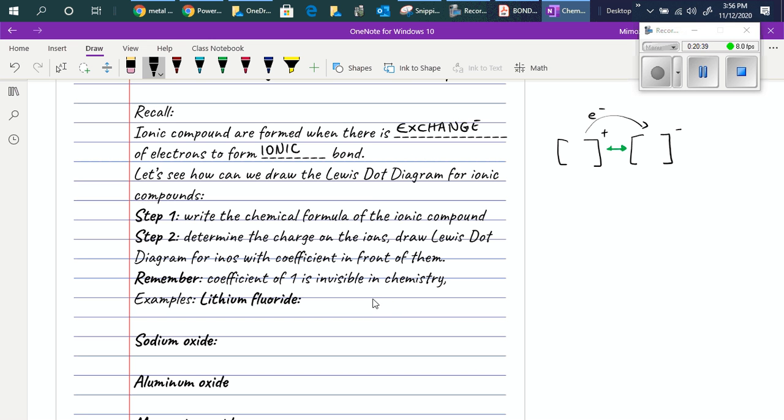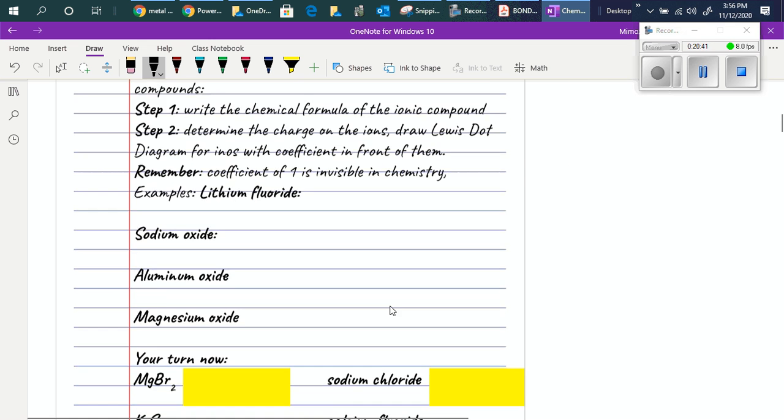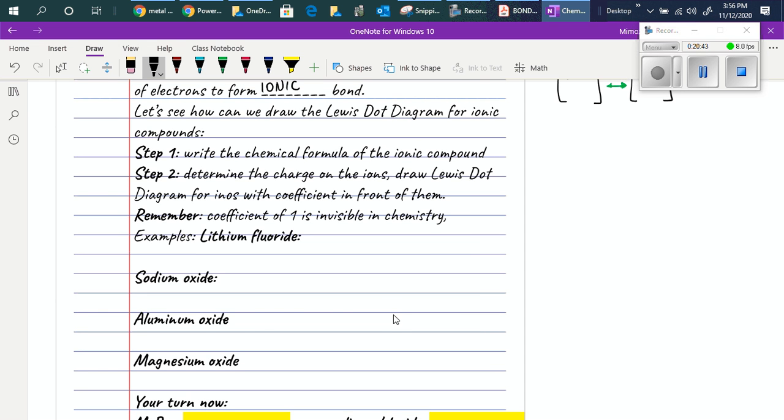Now, when we are writing the Lewis dot diagram for an ionic compound, what we have to keep in mind is that we write the chemical formula of the ionic compound, determine the charges, and then we use the coefficient. Remember that the coefficient of 1 in chemistry is invisible. So let's see, lithium fluoride.